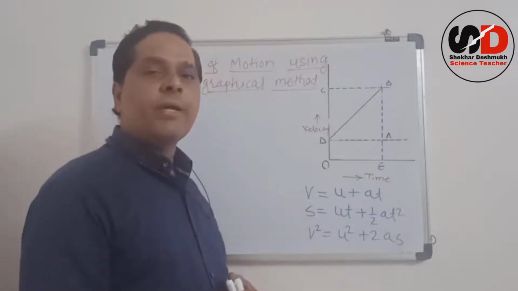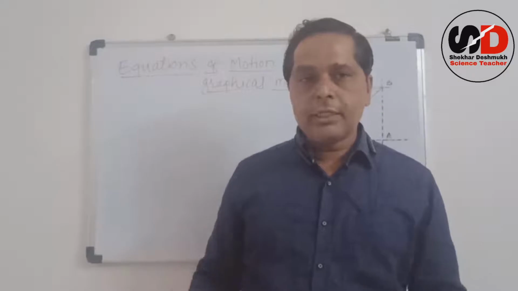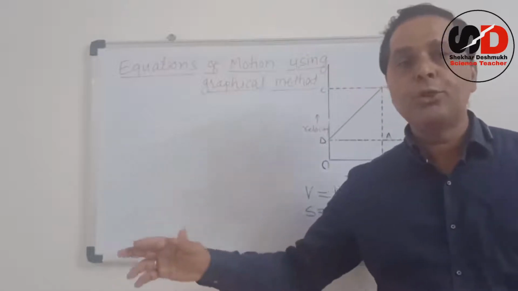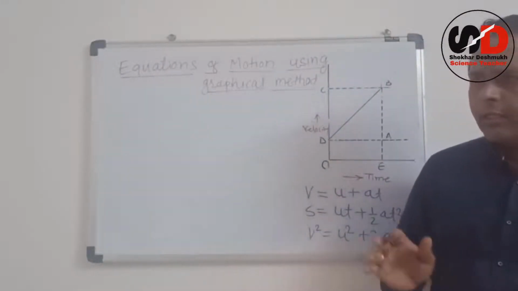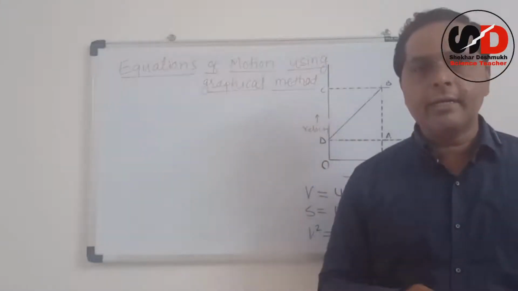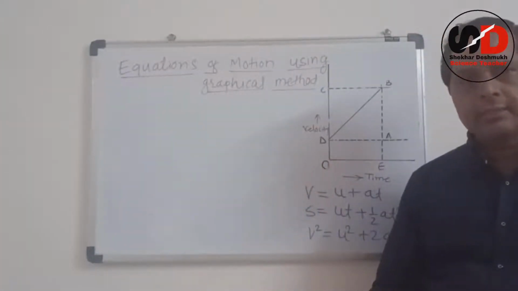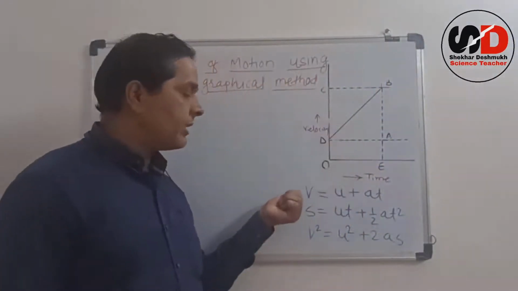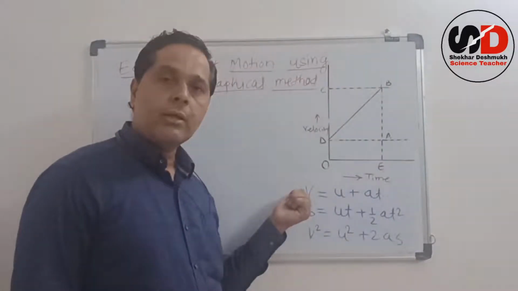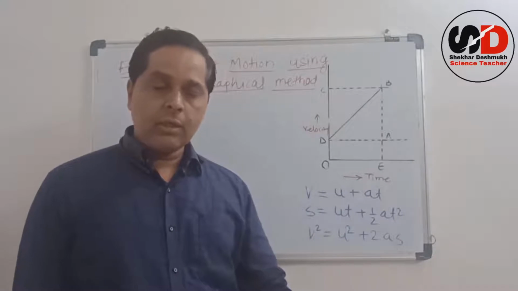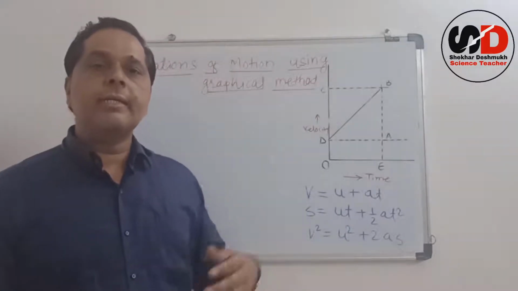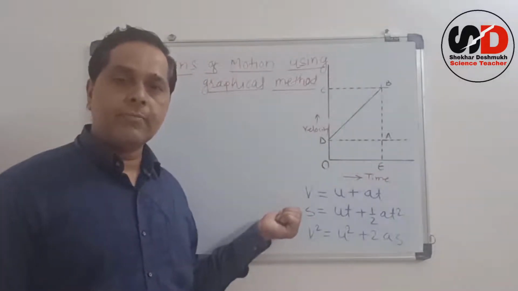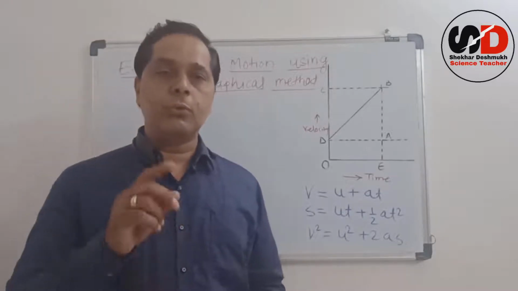If the object is moving with initial velocity U, that means non-zero initial velocity, and it is accelerated, then its velocity changes from U to V, the final velocity, in time T, and the object covers the distance S, which we take as displacement. So these are the three equations which we have to prove.